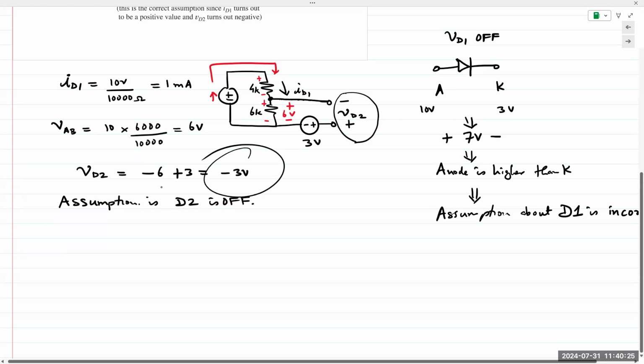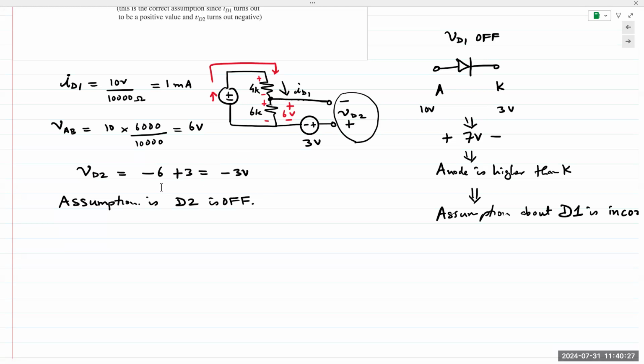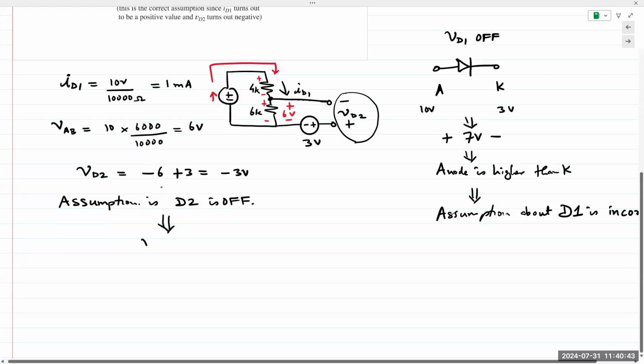My VD2 is minus 3 volts. It simply means my anode, actually, let me put this as the cathode. So if my right hand is the cathode, plus 3 volts means the anode is above, and minus 3 volts in this case means it's below. And if it's below, that voltage is negative. Because VD2 is negative, my assumption is correct. Diode is off.